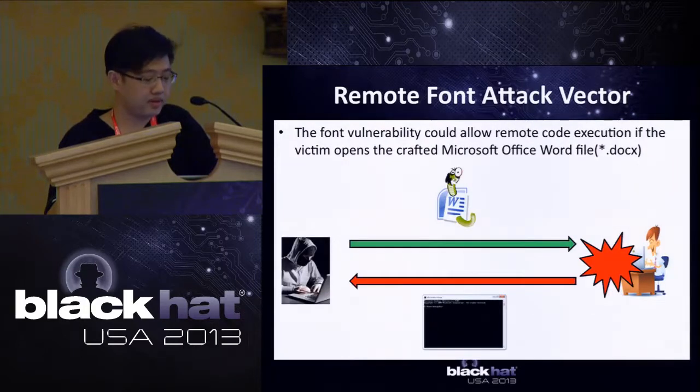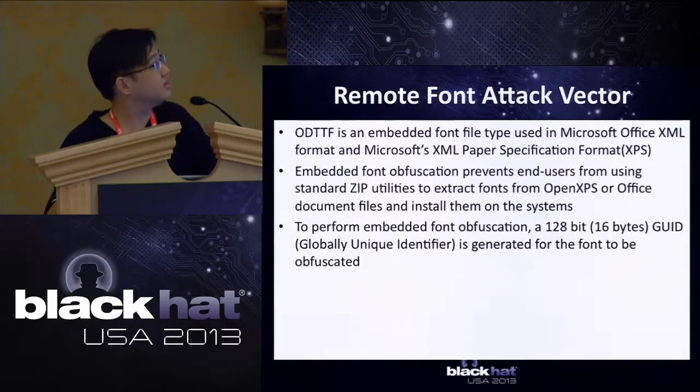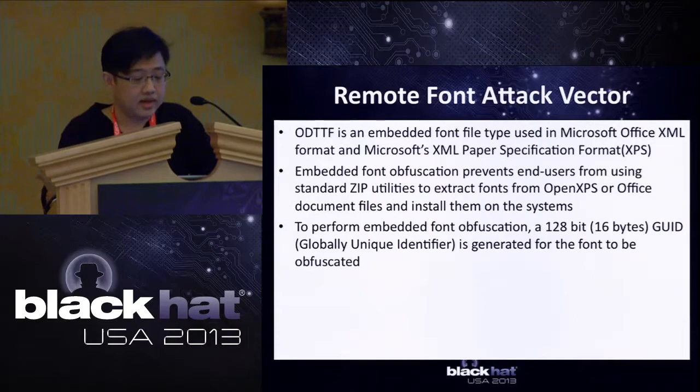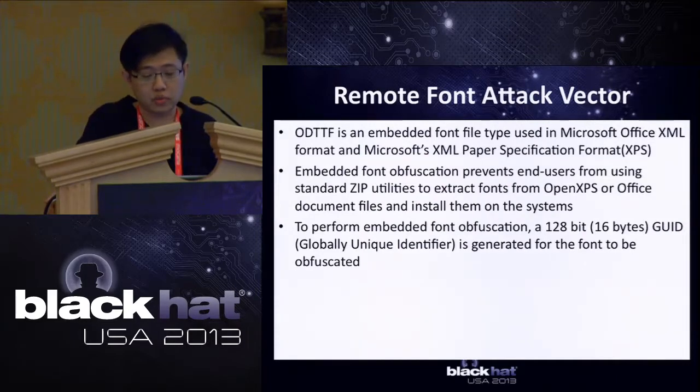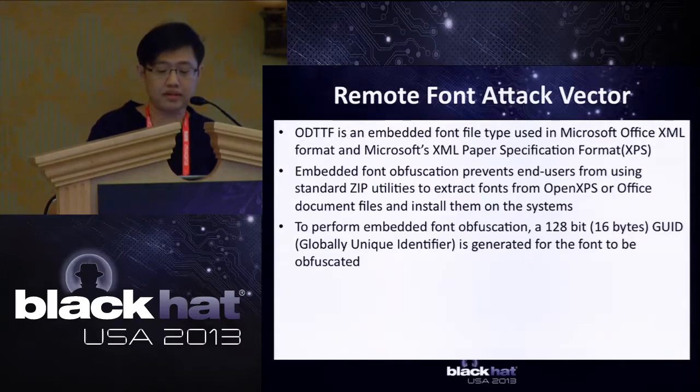Besides the web page, the remote attack could be launched through a crafted Microsoft Office Word file. Embedding a font into a Microsoft document is not as easy as embedding it into a web page. Before embedding the TTF into a Microsoft Office file, the TTF font format has to be converted to the ODTTF file format.